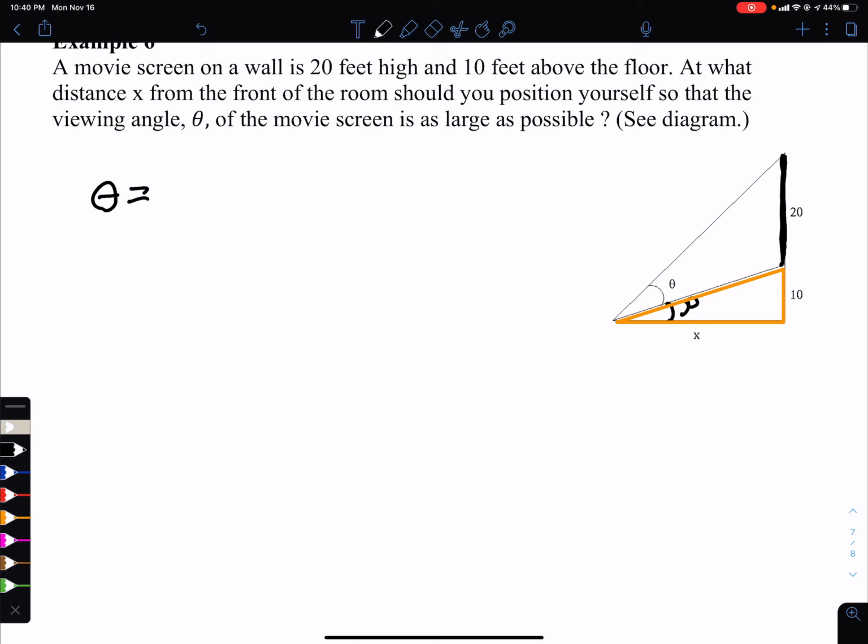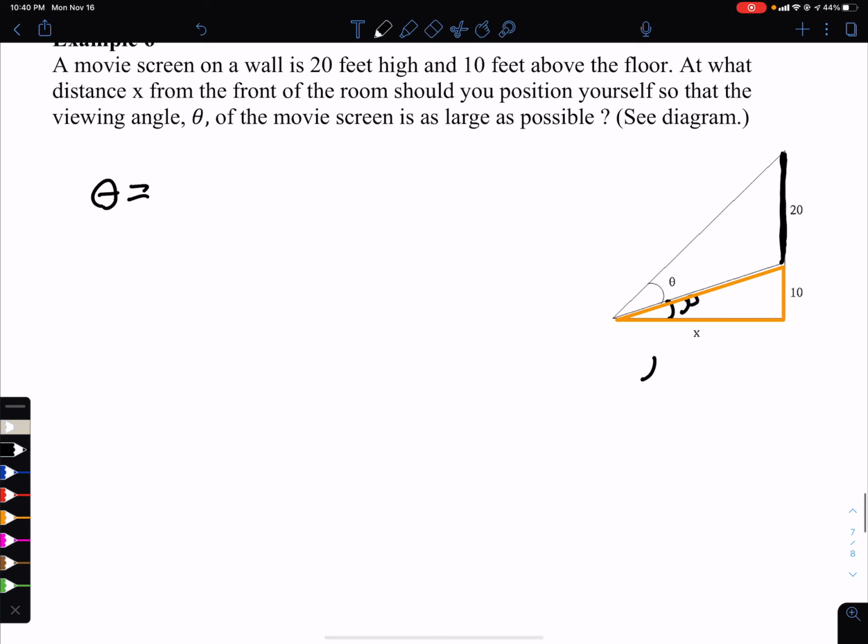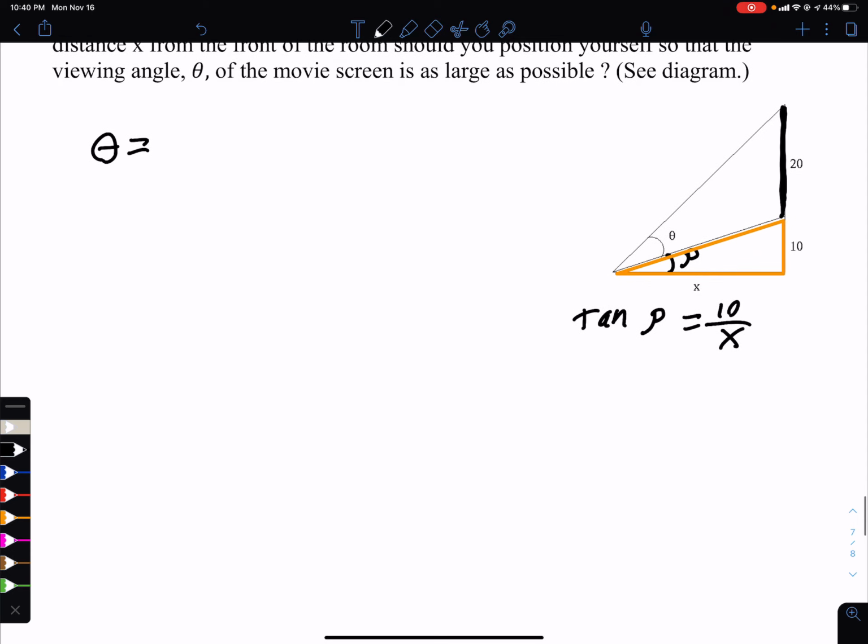So we have the opposite side and the adjacent. So tan rho is opposite over adjacent. To find the angle rho, though, we arctan both sides.